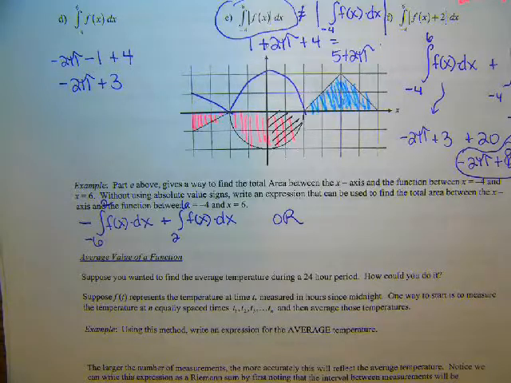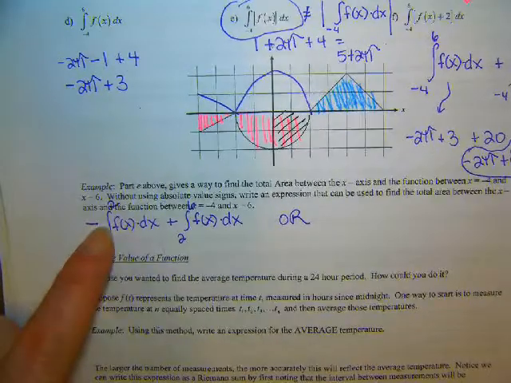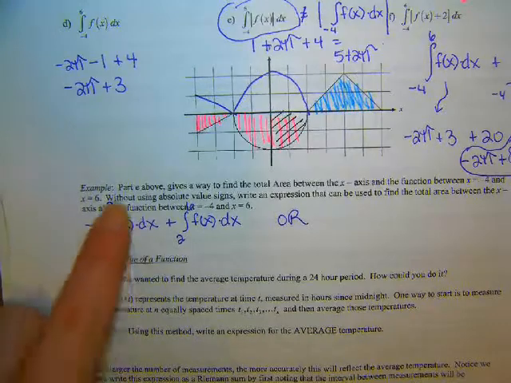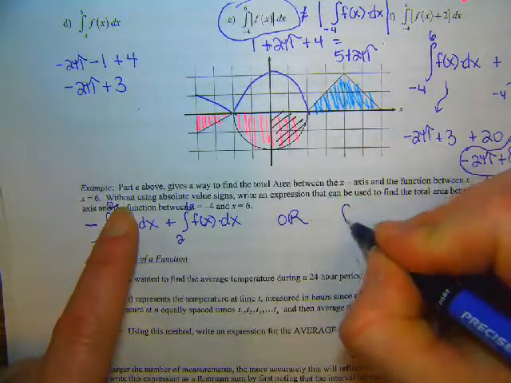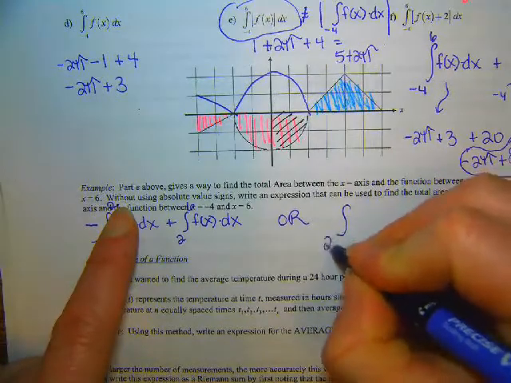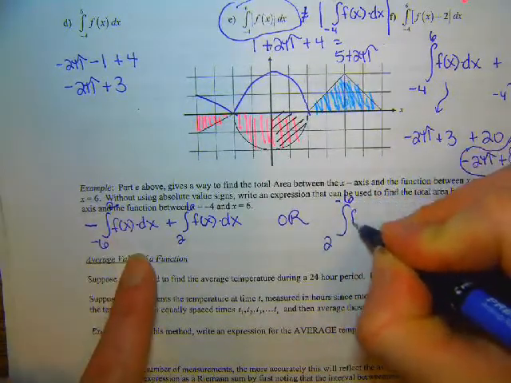One of our rules? Flip the order of the integration. So if I wanted to make it the opposite of this, instead of putting the negative, I could write it as 2 to -6 f of x dx.